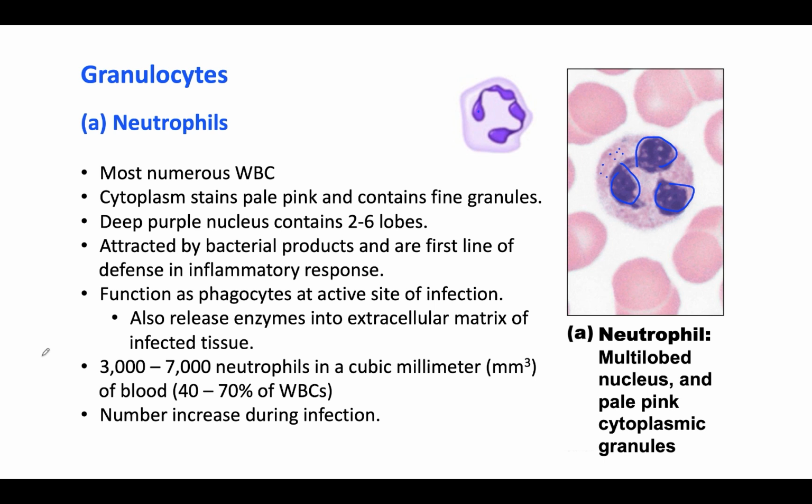When you have inflammation and then recover, later you might see some pus at the inflammation site. This pus is an accumulation of dead neutrophils, cell debris, and fluid at the site of infection. There are 3,000 to 7,000 neutrophils in a cubic millimeter of blood. A higher number of neutrophils reflects that there is some infection in the body.